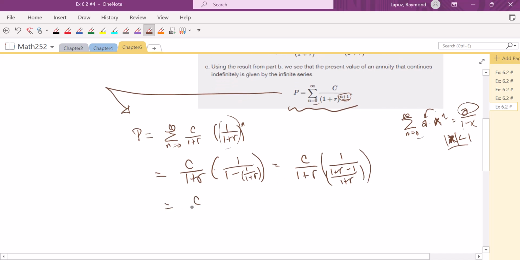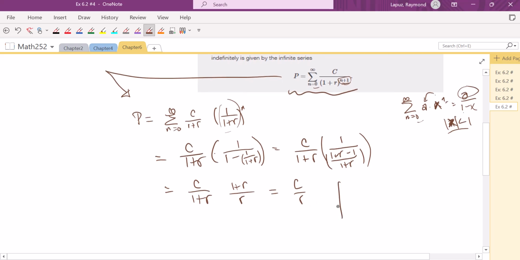And that would be C over 1 plus R, which does not change, and then we have 1 plus R divided by R. The denominator, by the way, simplifies to just R. And then we can see that 1 plus R and 1 plus R cancel, so this is just C over R. So now we actually have the relationship between the total present value that we have, which is equal to the annual payments divided by the rate.